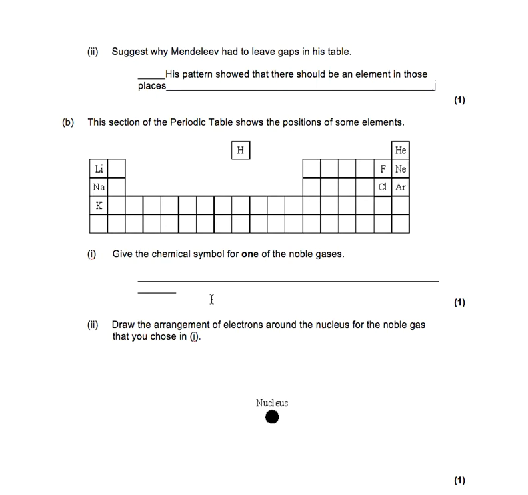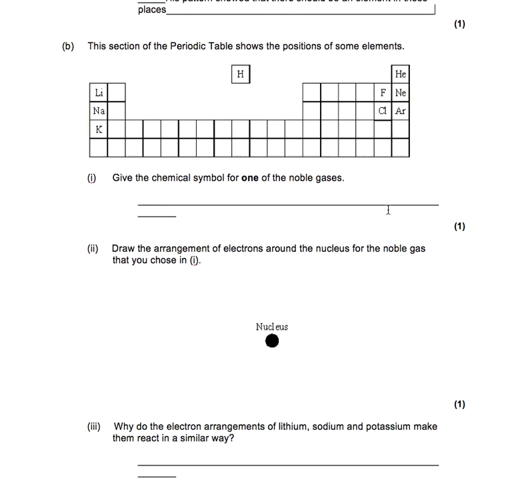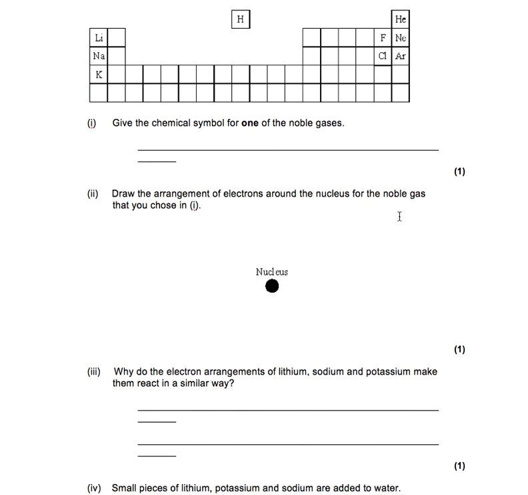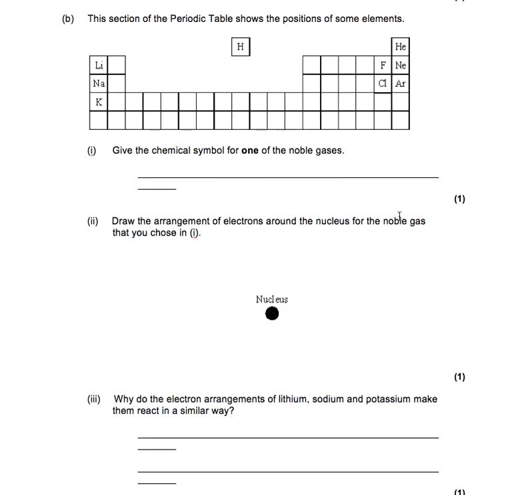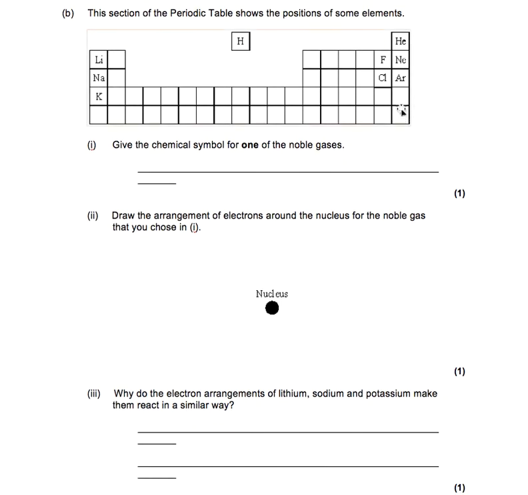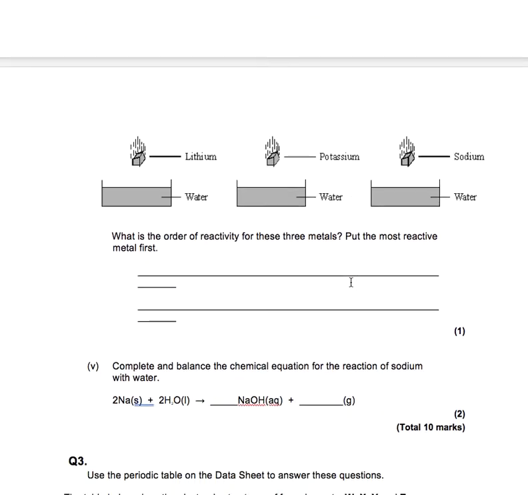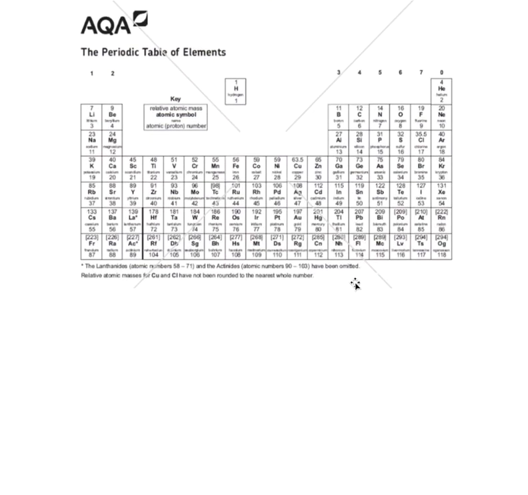Give the chemical symbol for one of the noble gases. Well, you've got helium, neon, argon over here, so any one of those will do. Draw the arrangement of electrons around the nucleus for the noble gas that you chose. Well, if you look at helium, for example, you would have 2 electrons. Neon would be 2, 8.